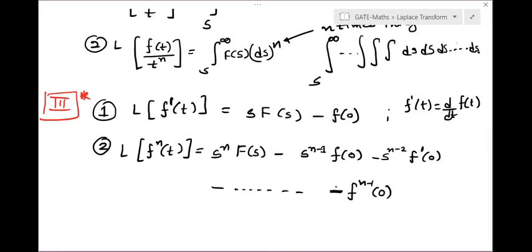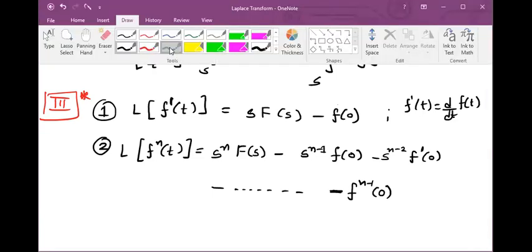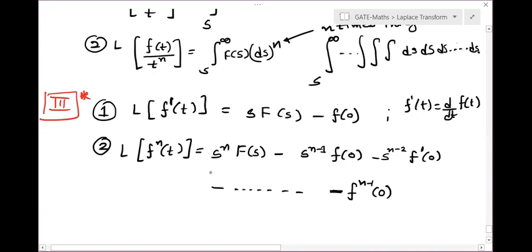Okay, so if you want to remember each and every term, there is one shortcut you can see over here. In the first term only you are going to have capital F of s. After that, in all the terms, it is only small f, and all values are at 0 only.